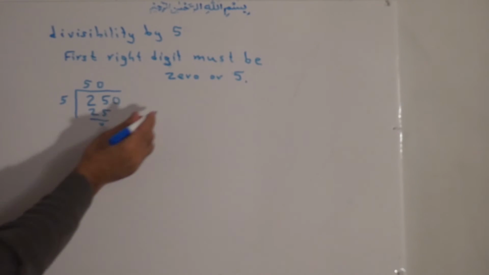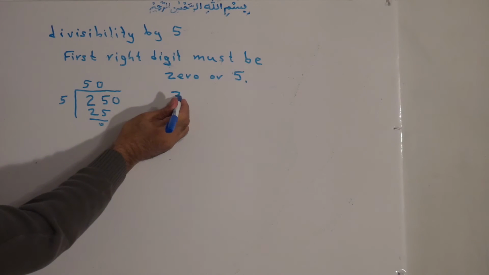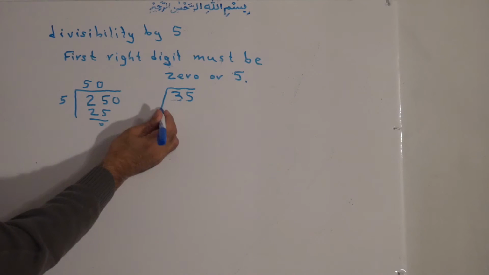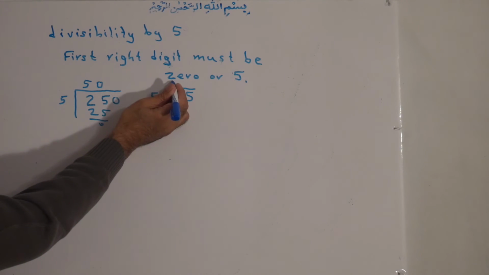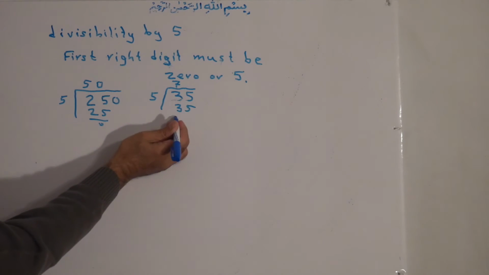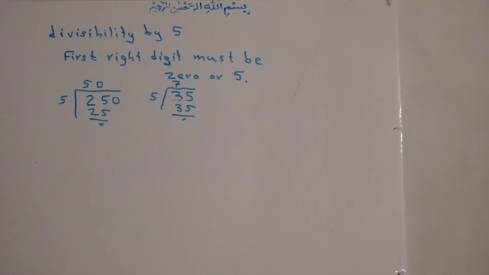The other number is 35. Divide by 5: 7, 5 times 7 is 35. So both of them are divisible by 5. The divisibility by 5 is the easiest of all of them.